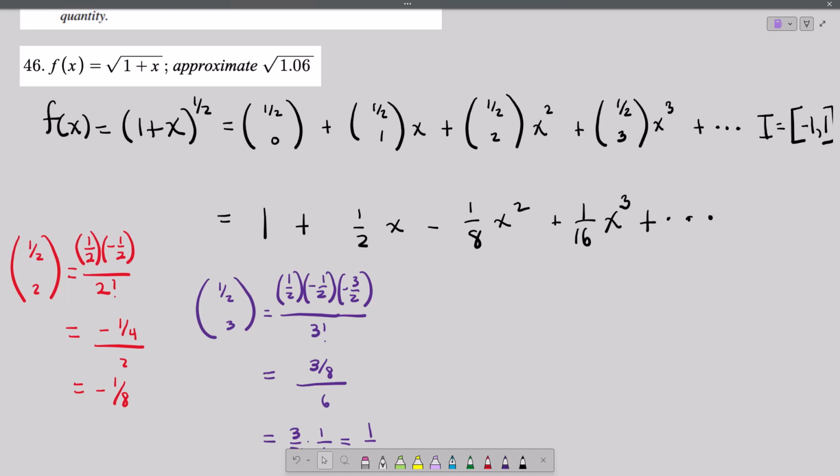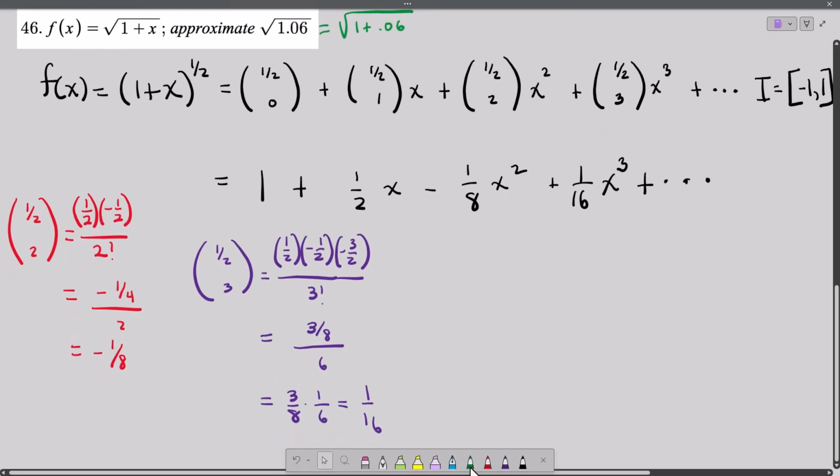All right. So now it's saying we want to approximate that. We can think of this as the square root of 1 plus 0.06. So for us, the x is being represented by 0.06.